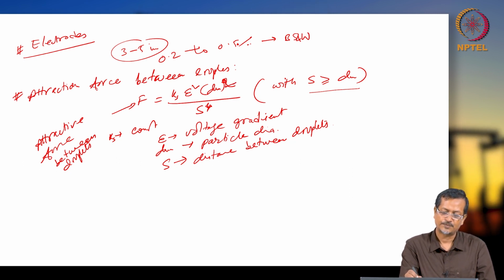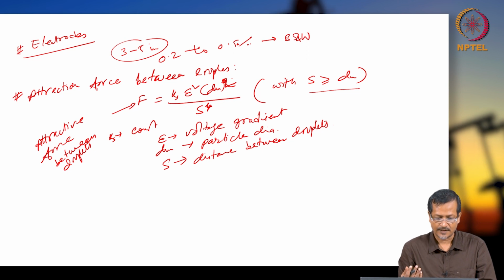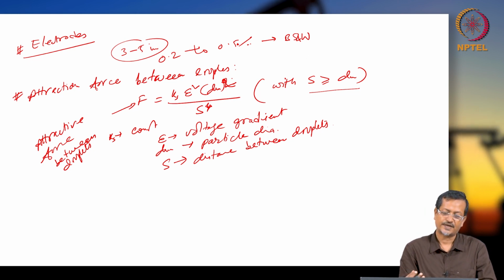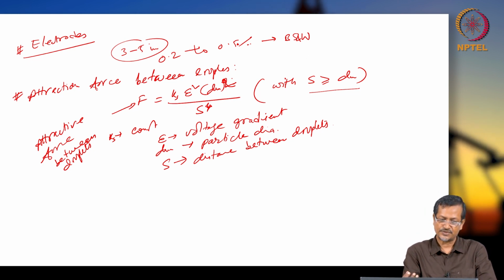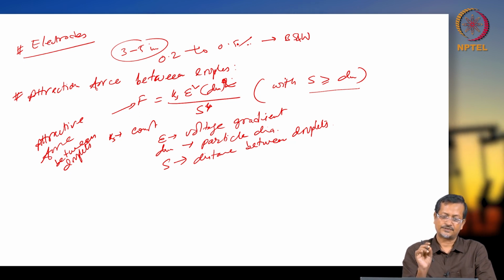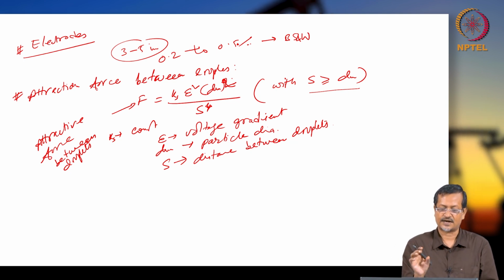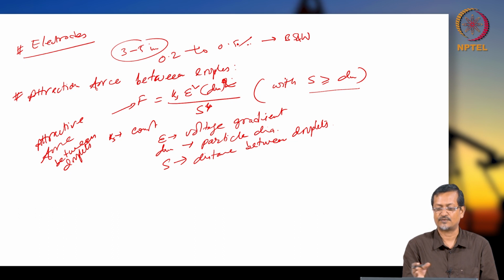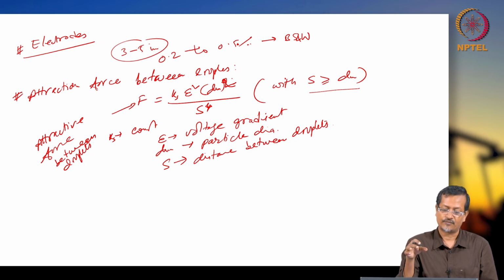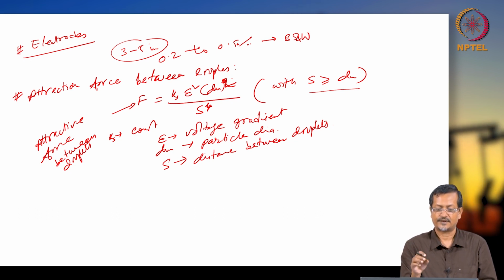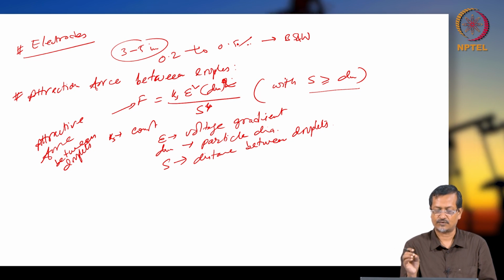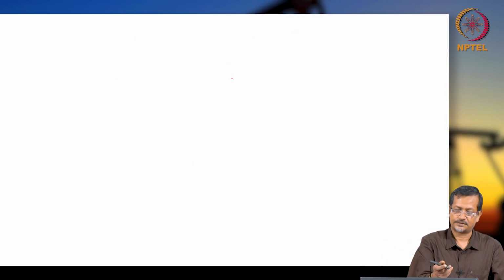A small increase in dm will increase the attraction force, but increasing s will reduce the attractive force to a very high degree. So whenever the particles are located at a very long distance, the attractive force will be very small. In that case you may have to apply more voltage gradient, so that you can get sufficient force to attract one particle by another.